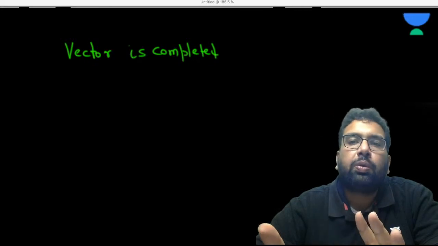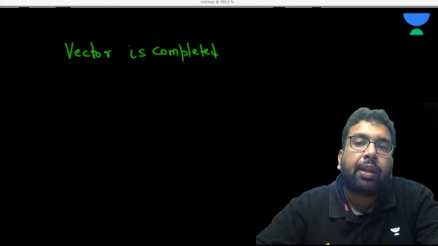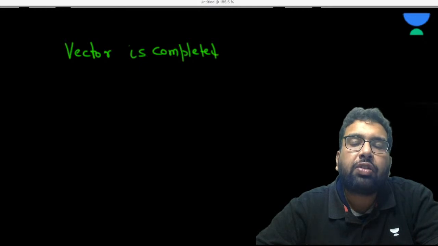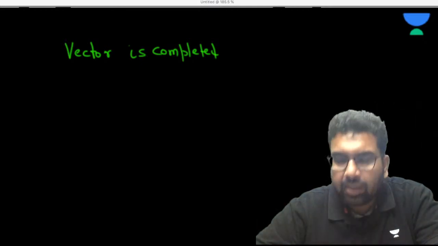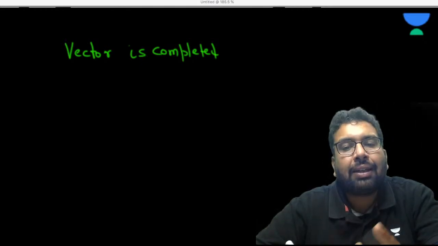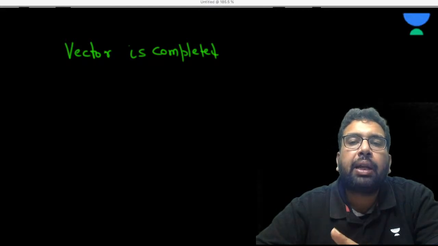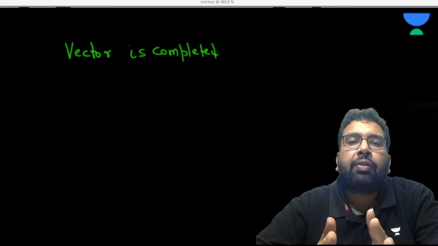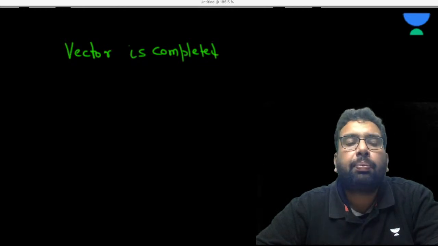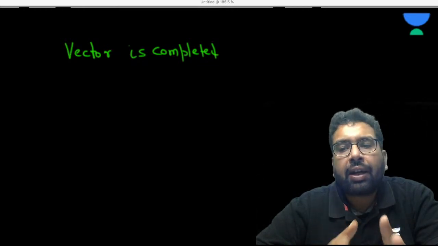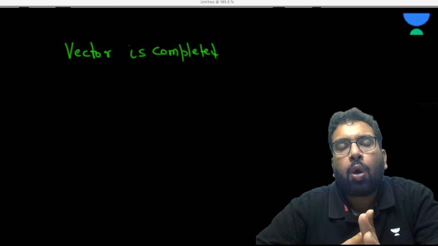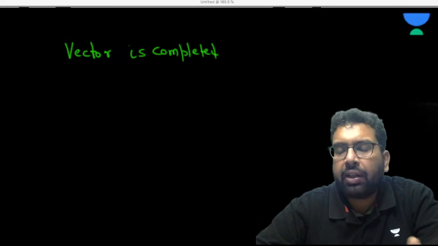A lot of use in kinematics, of course Newton's laws of motion, of course gravitation. So many uses of vectors are there that this has to be done very, very properly. I think with this session, the whole of vector is completed. I have covered vector in all respects. I have given you everything in vector.